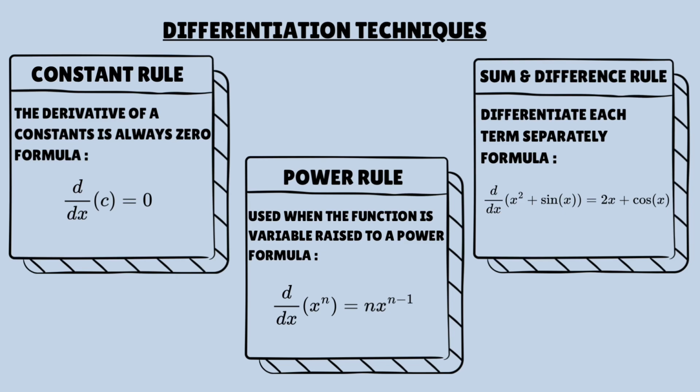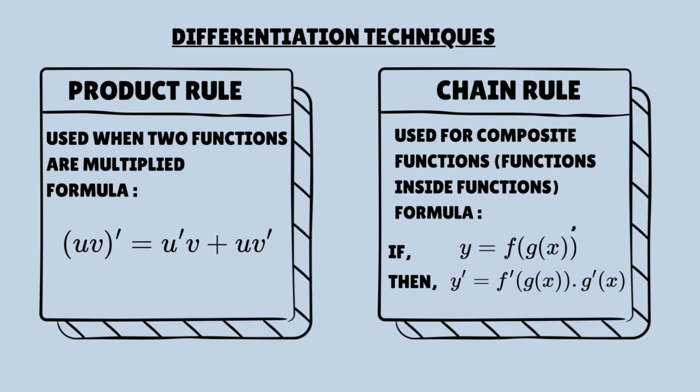First, constant rule. The constant rule says the derivative of a constant is always 0. Second, power rule. The power rule is used when the function is a variable raised to a power. Third, sum and difference rule, which is to differentiate each term separately. Next, product rule. The product rule is used when the functions are multiplied.